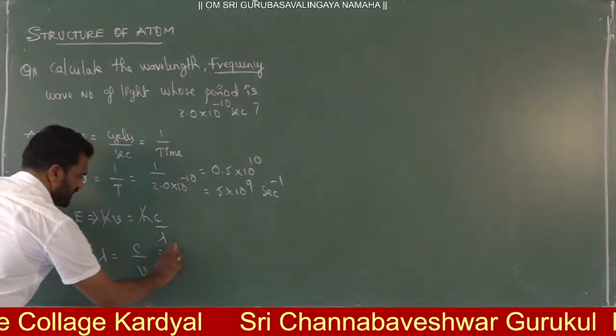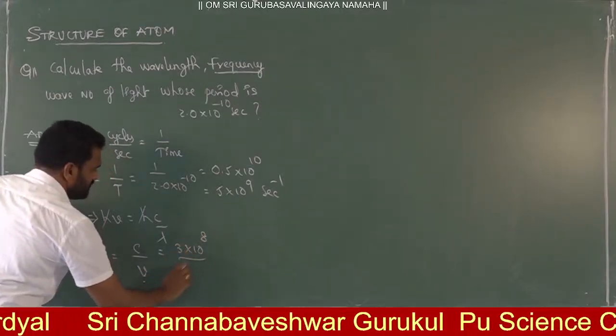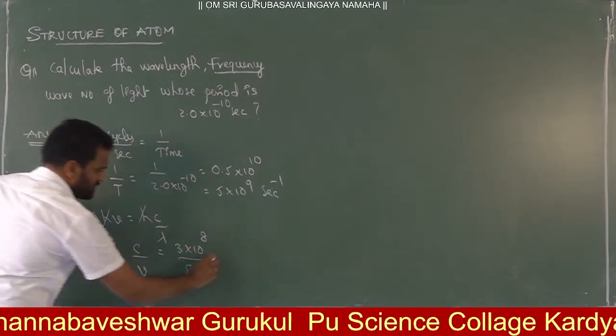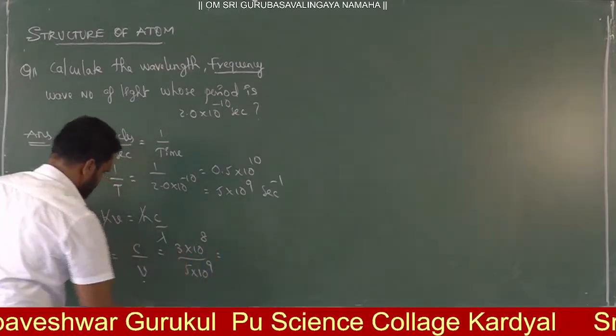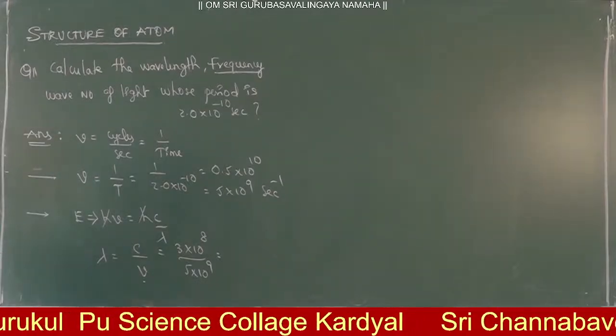Here c is the light velocity, 3 into 10 power 8, upon nu, which is 5 into 10 power 9. Calculate lambda.